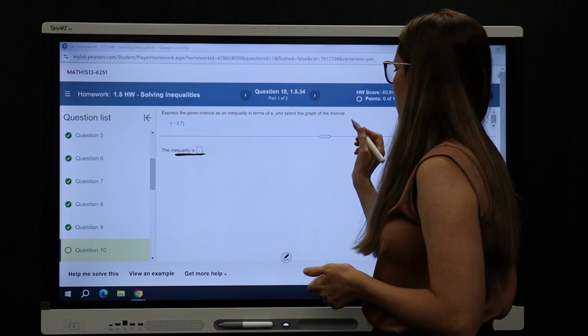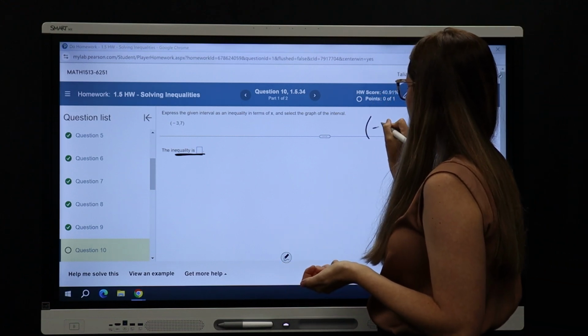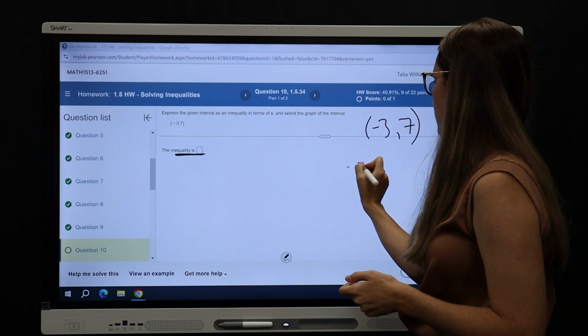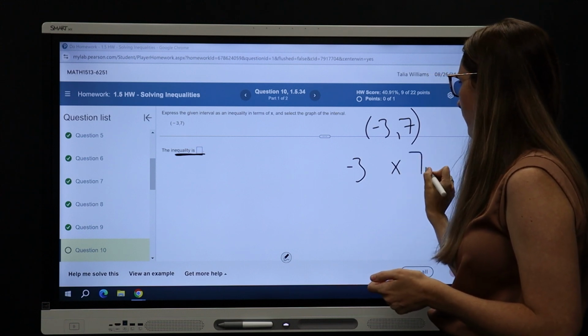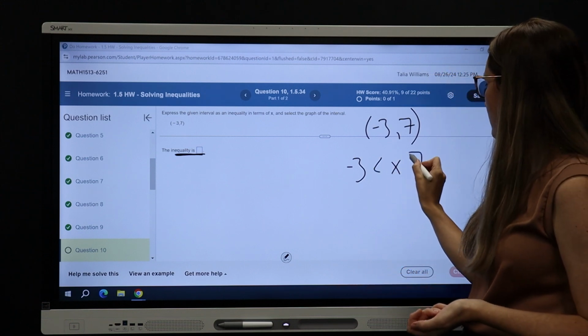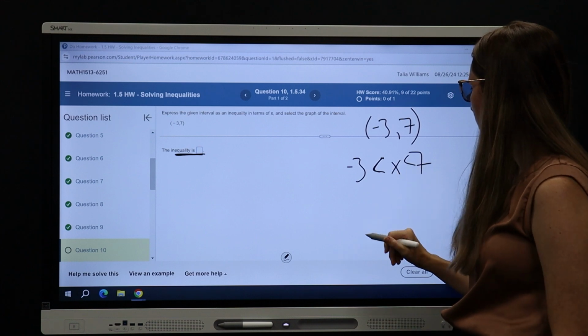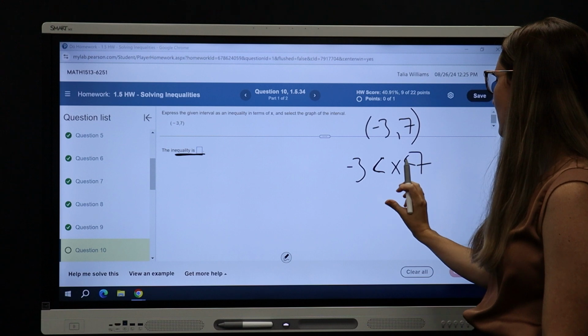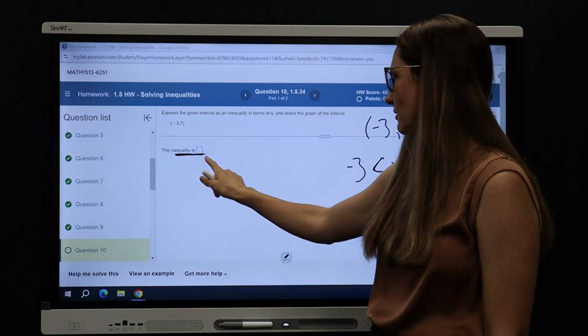Next. So our interval notation is -3 to 7. Whenever it's two numbers, our x is between them. It's always less than. And neither of them is a bracket, so it's -3 is less than x, which is less than 7.